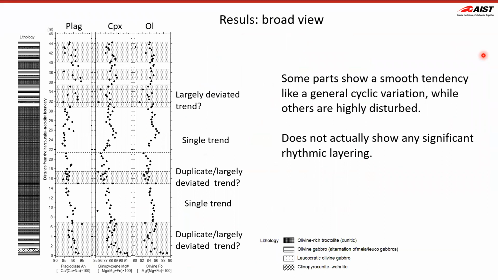This is a result of cryptic variation in a 45-meter section of the layered gabbro from the Moho. In a broad view, some parts show a smooth tendency, like this and like this, like general cyclic variations, while others are highly disturbed.